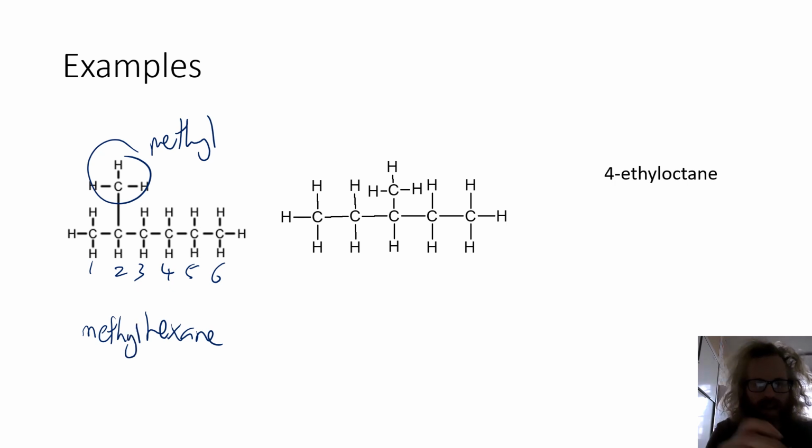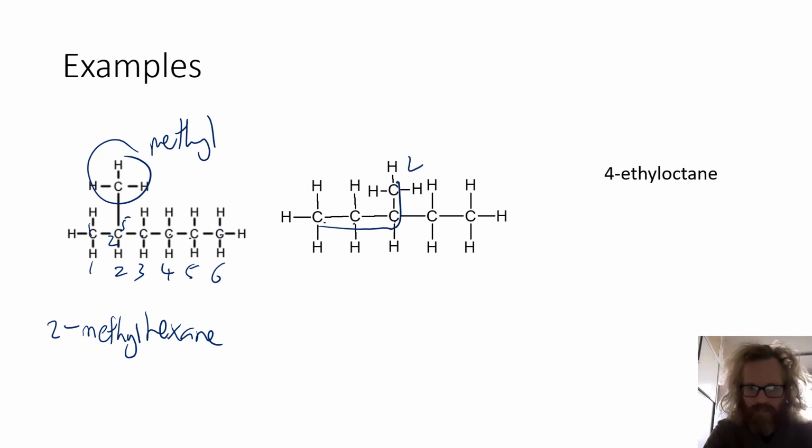And now I've got to give it a number. Well, I could go 1, 2, 3, 4, 5 this way, or I could do 1, 2. And the reason why I go for number 2 is because it's the lowest numbering possible. So it's 2-methylhexane.